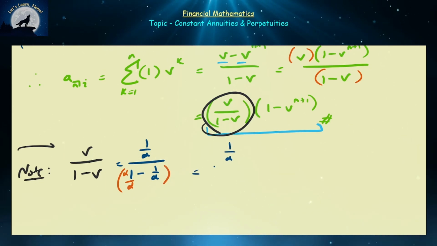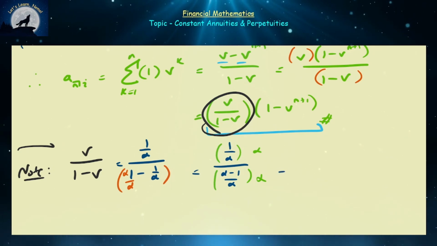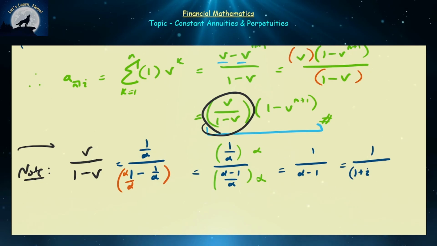Once I do so, I'm going to have 1 over alpha all over alpha minus 1 over alpha. And then I can multiply top and bottom by alpha, and that's just going to give us 1 over alpha minus 1. But remember, alpha is just 1 plus the effective interest rate, so it's 1 over 1 plus i, and we still have that minus 1. And notice that those 1's cancel, so this actually just simplifies to 1 over i.